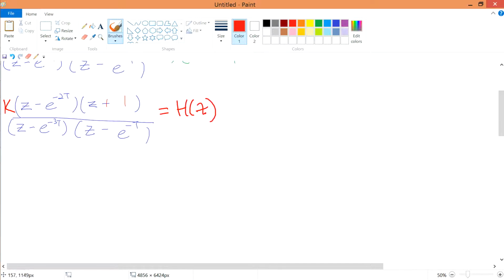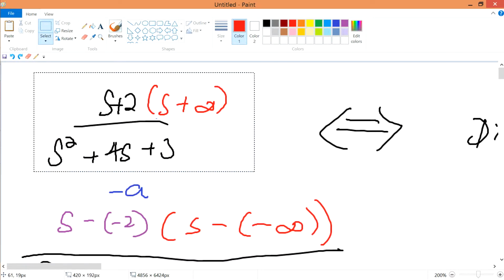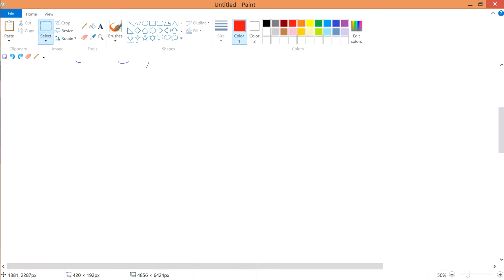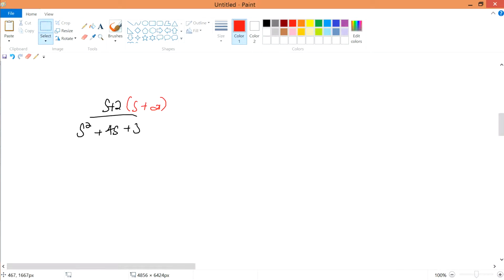So how do we find the value of k? We're going to utilize our initial transfer function in the S domain. In the S domain, S plus 2 over here, I'll remove the hidden zeros because I don't need them anymore. Whenever you evaluate your k, don't include your hidden zero, just take it out.